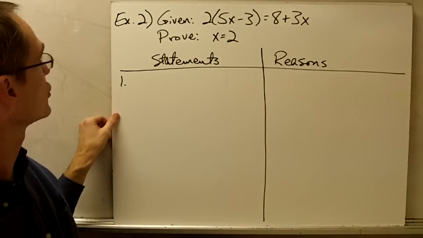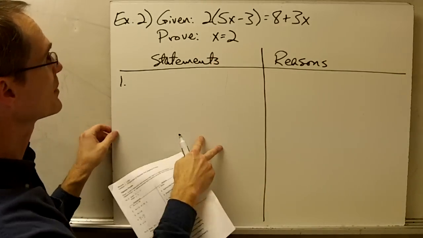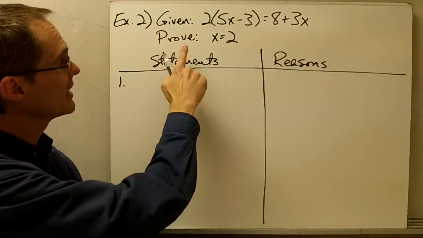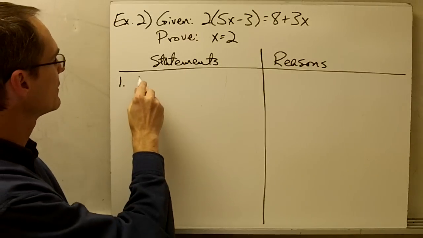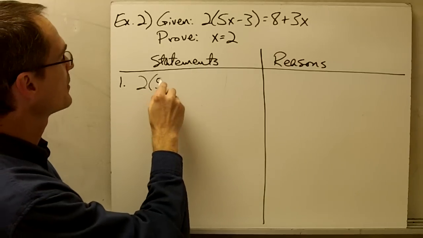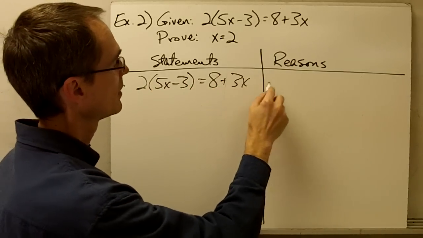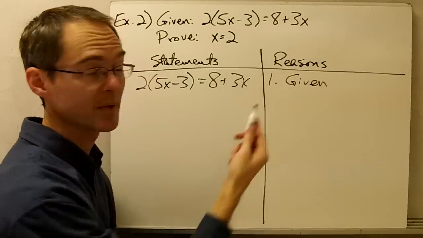Here we have example number 2, and I'm given another statement here. 2 times 5x minus 3 equals 8 plus 3x, and here I want to prove that x is equal to 2. All right, once again, I'm going to start with my given information. 2 times 5x minus 3 equals 8 plus 3x. The reason that I'm starting with that statement is because it's given.